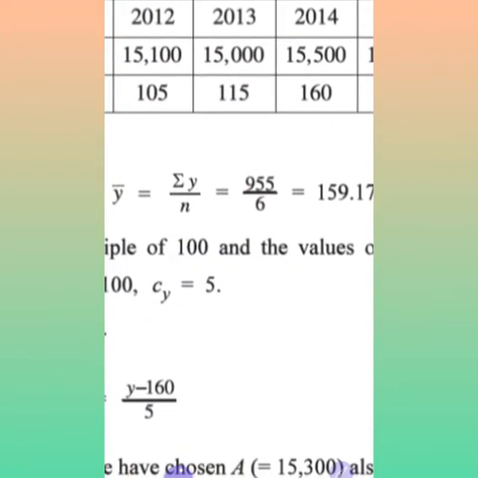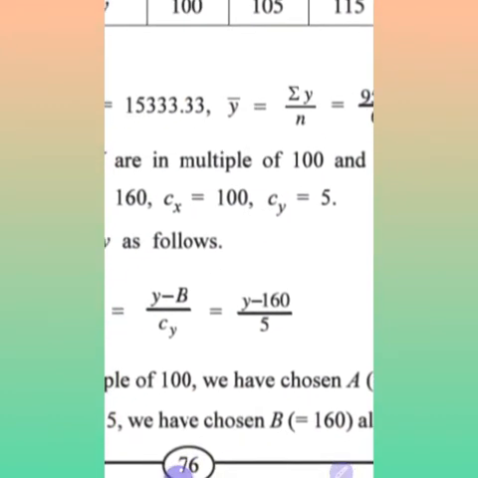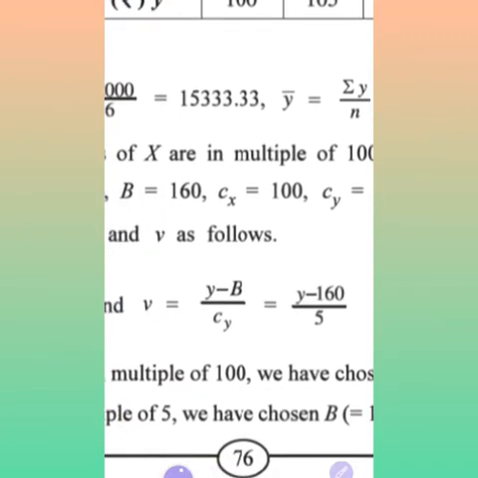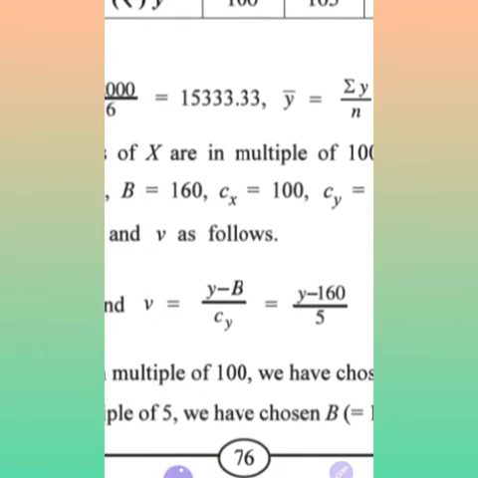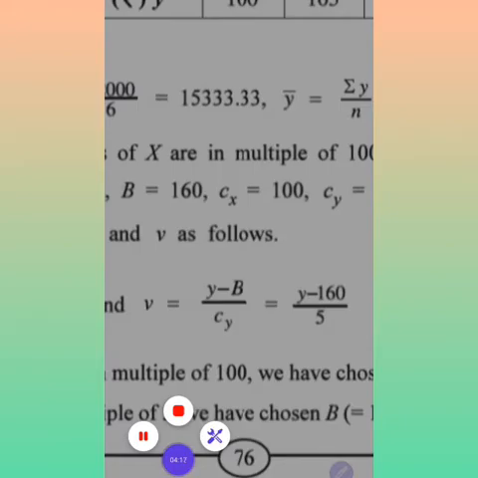And that's why what they have done is that 160 is deducted from y and divided by 5. Why? Because all the answers that you will get after deducting 160 will be in the multiples of 5. That is how you got your v, right. We'll see the sum further.